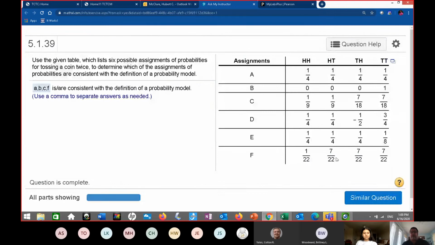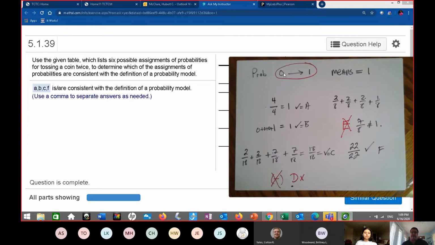Another test question. What if I had 2.5 in here somewhere? That would be an automatic what? Disqualifier. No. Because it has to be between 0 and 1. 2.5 is not between 0 and 1.